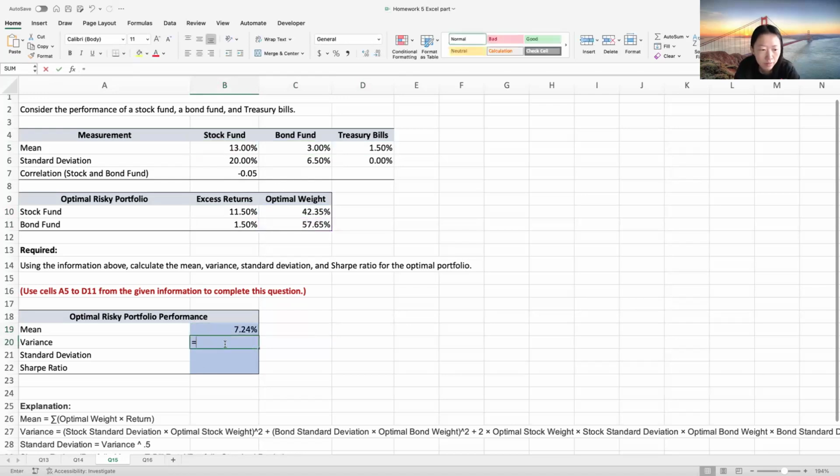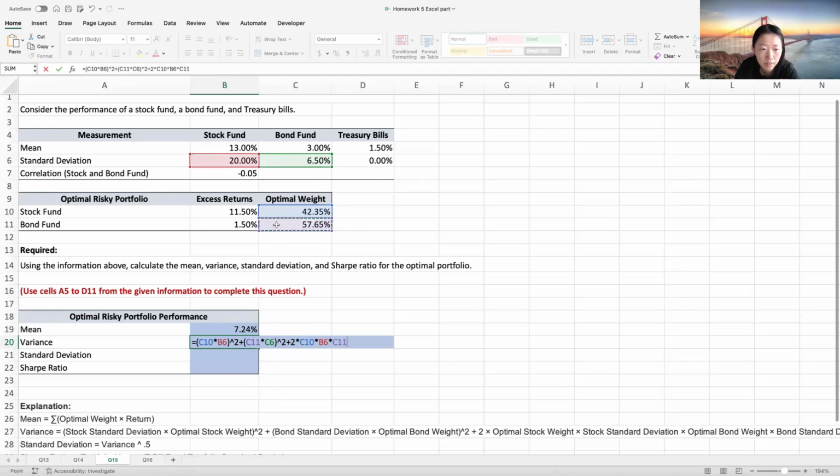And then variance equals the weight times standard deviation square, plus the weight times standard deviation square, plus 2 times this times this times this times this, and we need a correlation.